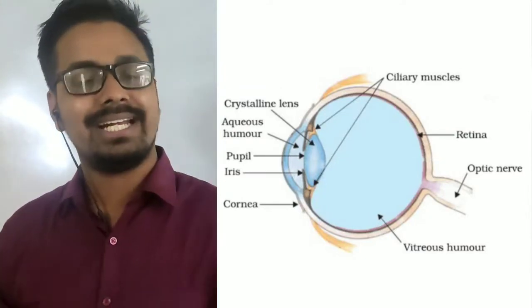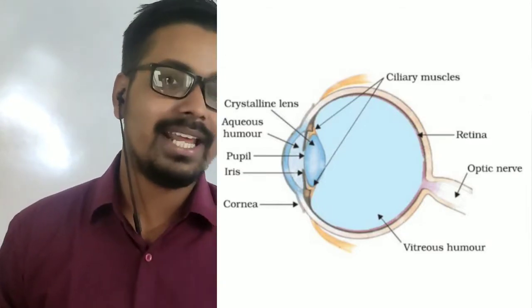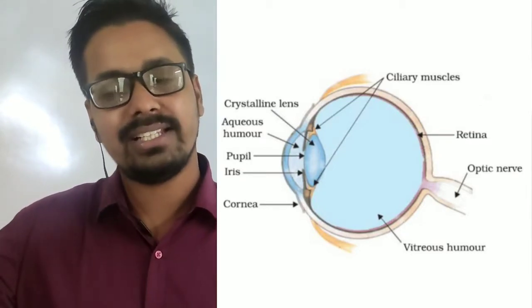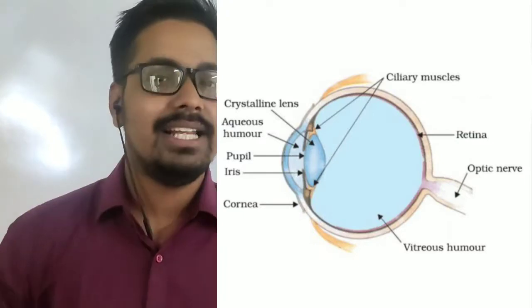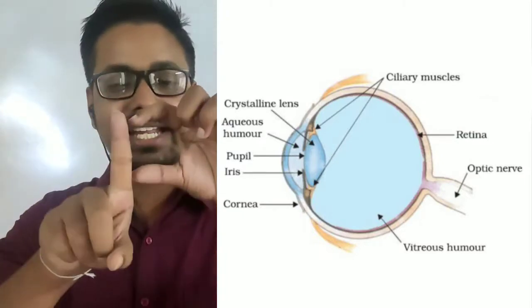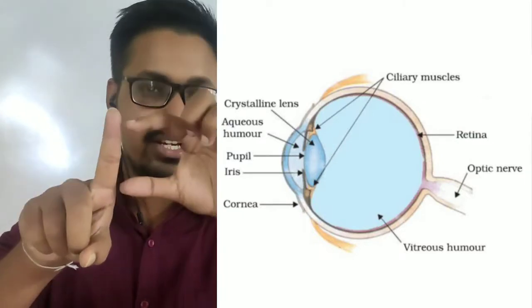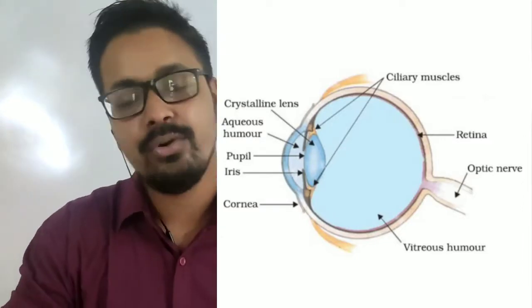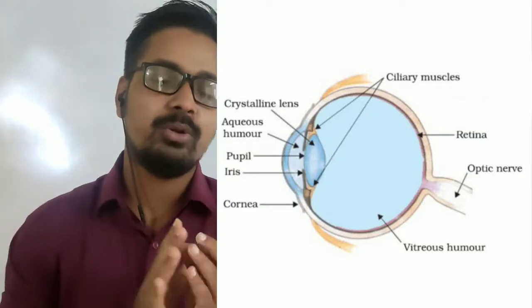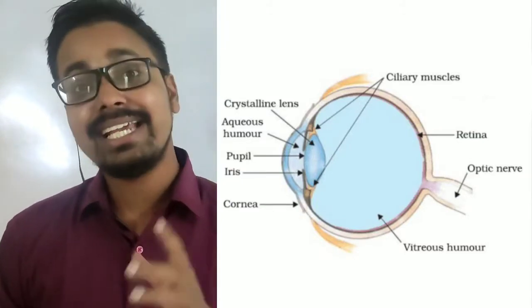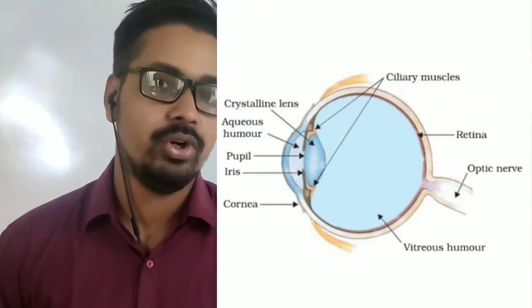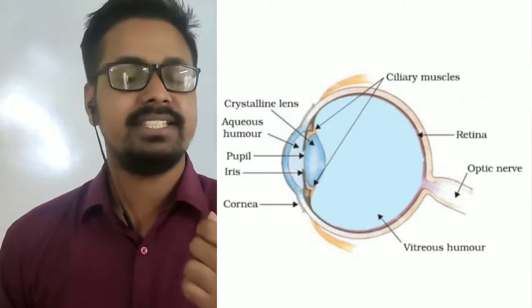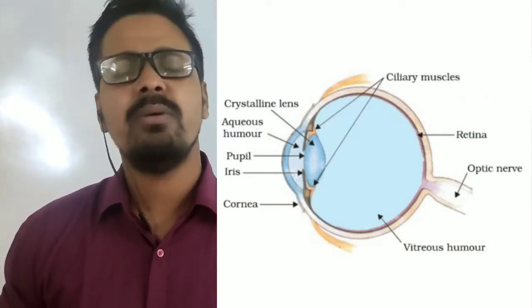Whatever we have done in the ray diagrams in chapter 10, we have seen that whenever the rays of light enter a lens, after hitting the lens, they try to converge at the focus, always at the focus. So we will see what the focus of our eye is. But before that, we must understand that the crystalline lens, as I mentioned at the beginning of the video, we may think is doing the majority of the refraction, but not really.